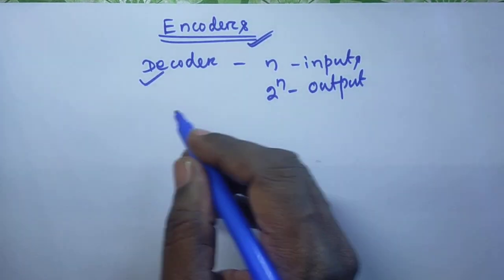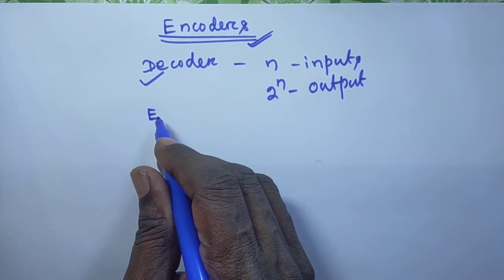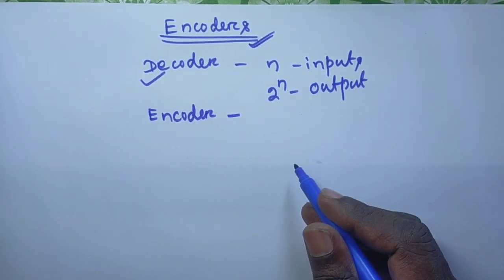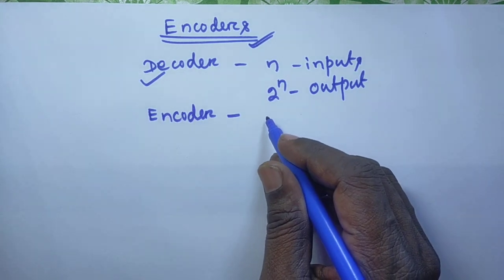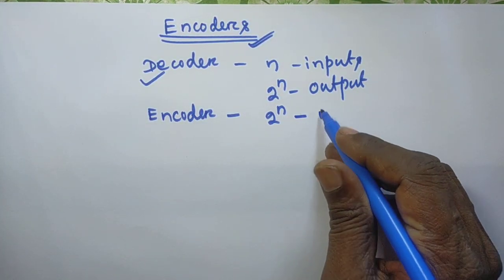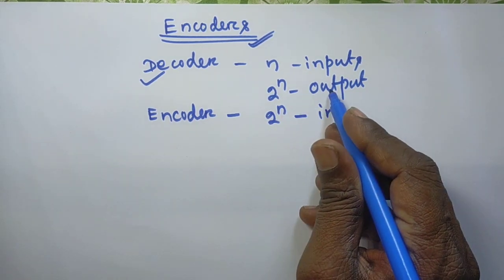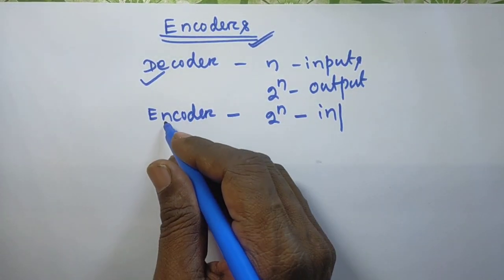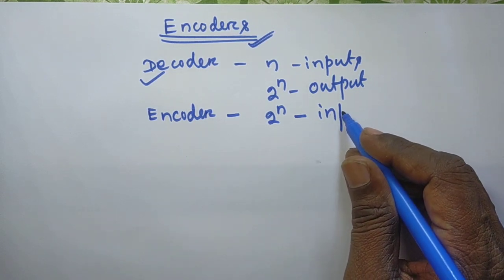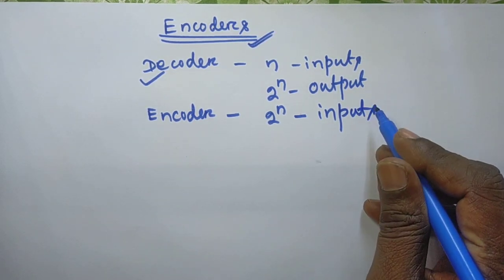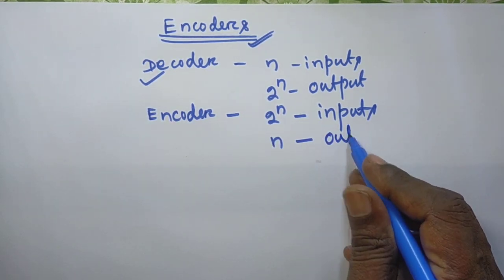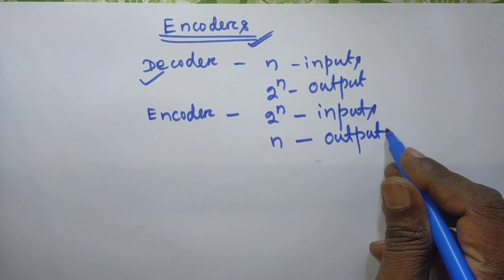If we go through an encoder, what happens? It is just the inverse of the decoder. That means we will consider a maximum of 2 to the power n inputs, and we will get n outputs.